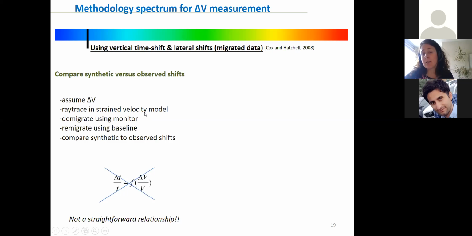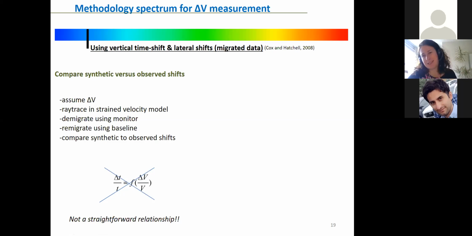You ray trace normally in this new velocity space. You demigrate using the monitor velocity space because effectively you want to have pre-stack data, and then you remigrate using the baseline velocity. Okay, so this remigration step is properly the wrong, let's say, processing step, and now you compare your synthetic to the observed shifts.